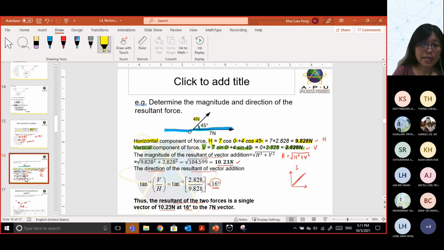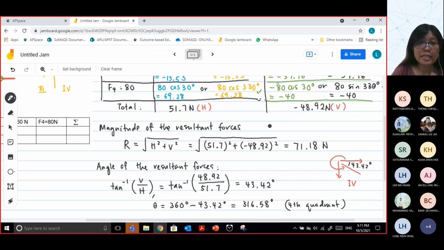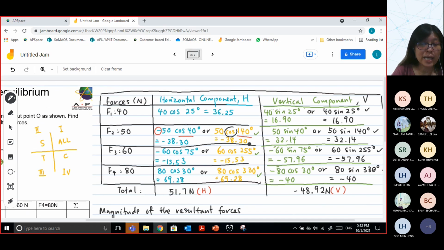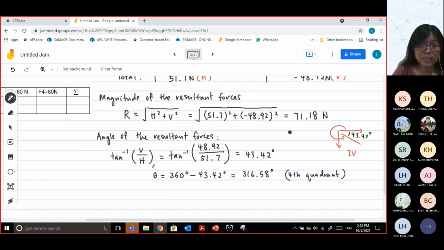Then this one involves a few forces, and I already showed you how to do the calculation. I recommend you use the angle measured from the positive x-axis, which will be easier. Then you can calculate the magnitude as usual. Arctangent, I already taught you many times.